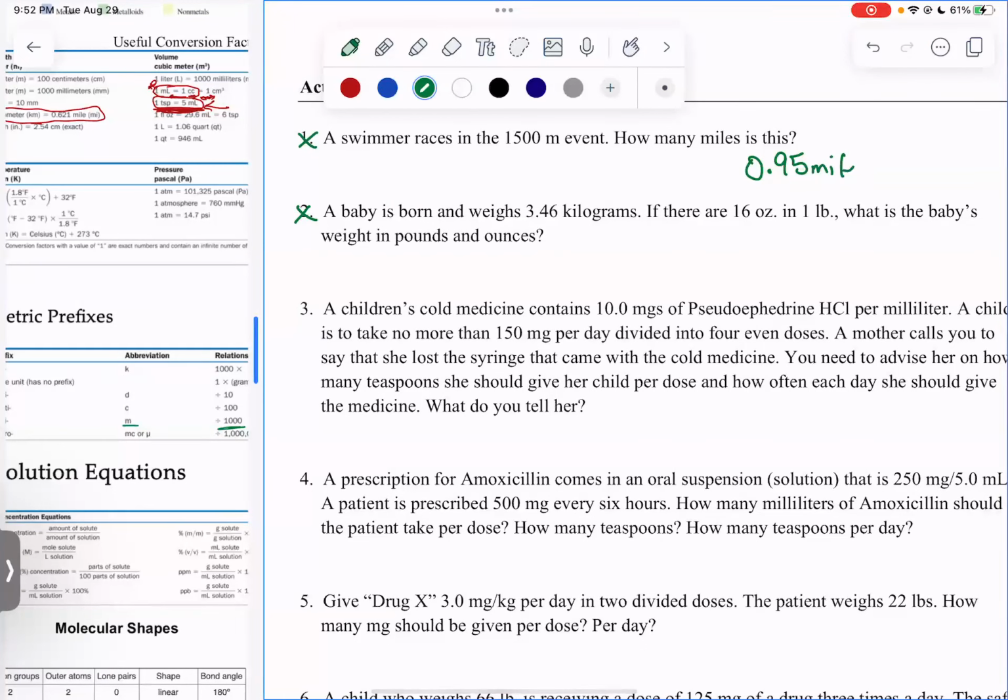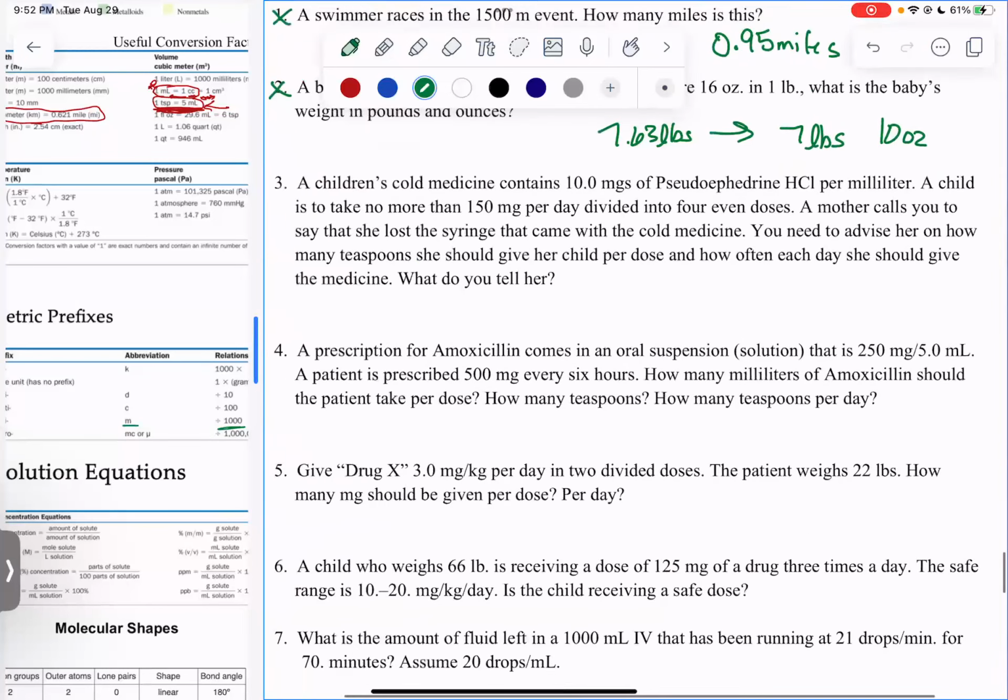And your final answer for number 2, if you give it in pounds and ounces, is 7.63 pounds. Then you convert the 0.63 pounds to ounces, so you get 7 pounds, 10 ounces, which is kind of a crazy way to have to do it. Metric would be so much easier.